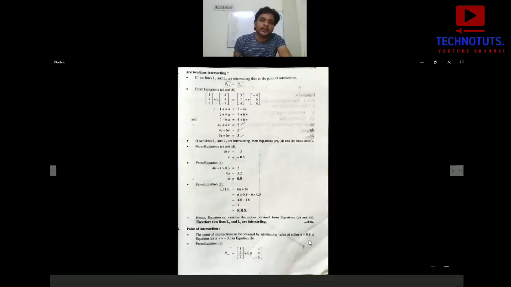Now we have determined that the two lines are intersecting. If the two lines are intersecting, they intersect at a point of intersection, so we have to determine the point of intersection. It can be obtained by substituting the value of either u is equal to 0.8 in equation A, or v is equal to minus 0.3 in equation B. From equation A, the parametric equation for line 1 is the matrix 1 2 7 plus u into the matrix 4 4 minus 6.